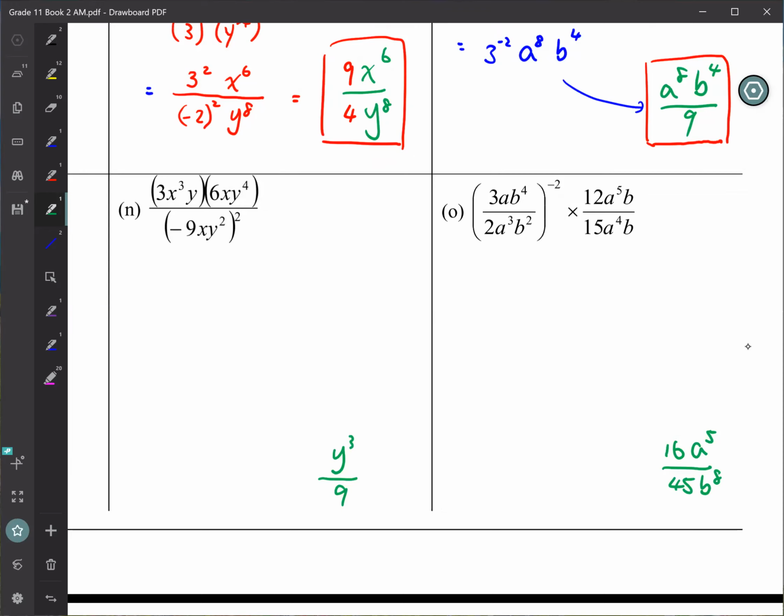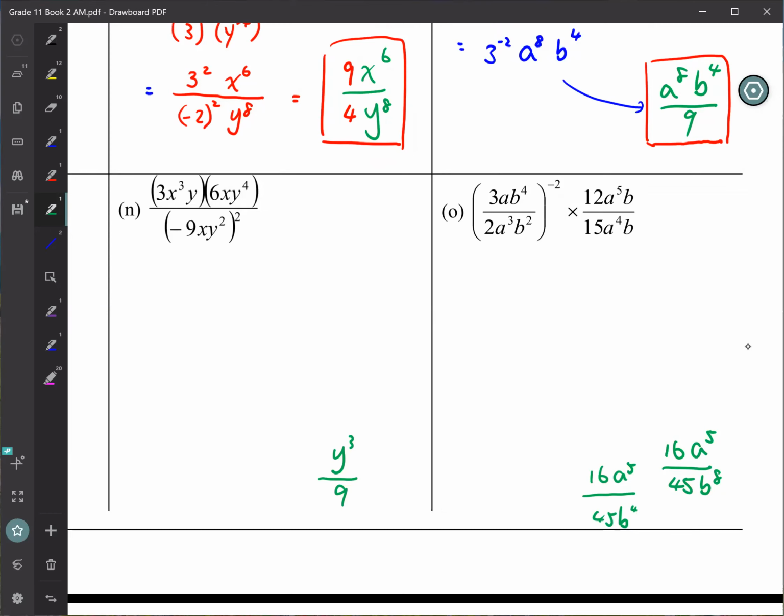At the bottom, 45b to the 4th power. Sorry, I cannot hear you. 45b to the 4th. Is that what you said? Yeah. Okay. So b to the 4, b to the 8.